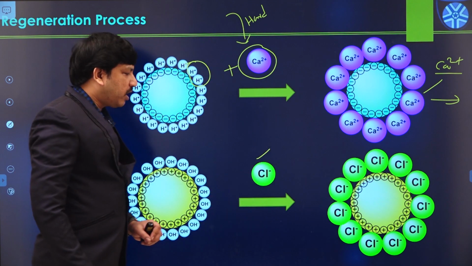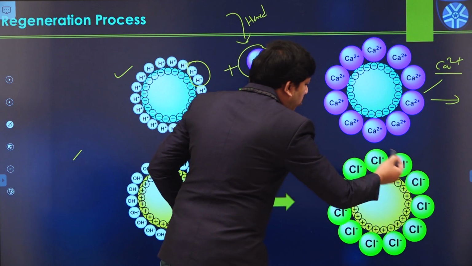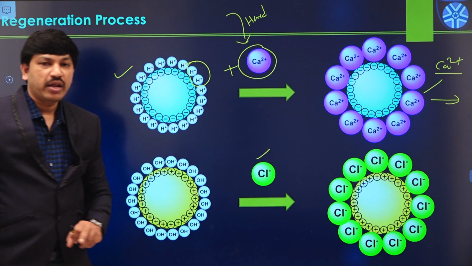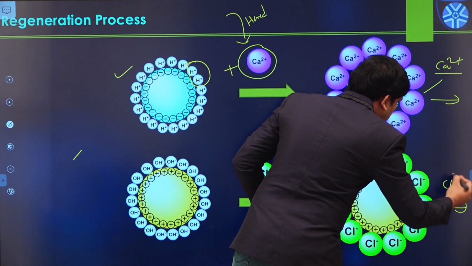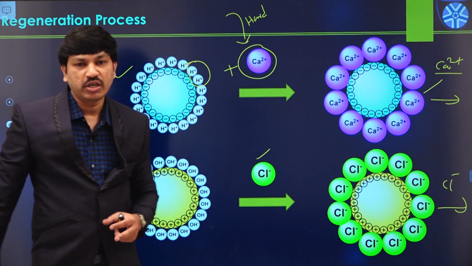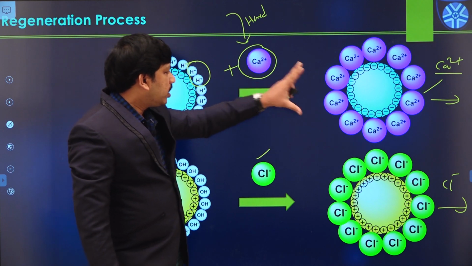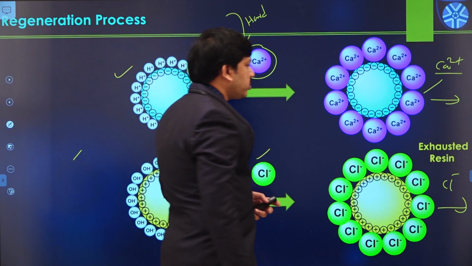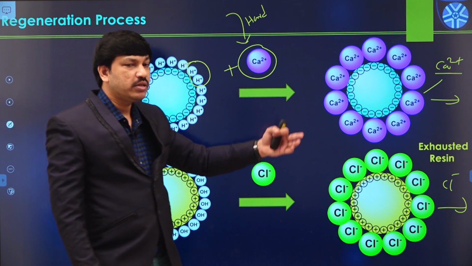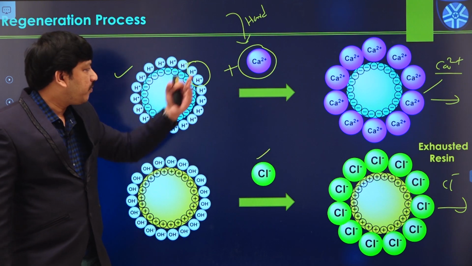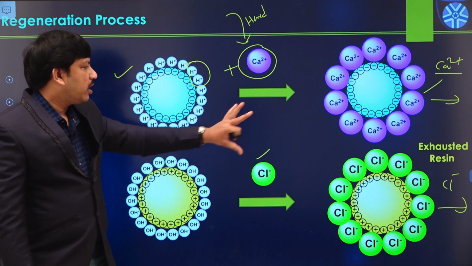At a certain point of time, the entire surface is occupied by corresponding anions. So after this, there is no further exchange process. So this stage is called the exhaust stage. Both the resins are exhausted. They cannot exchange further cations or further anions at this stage.